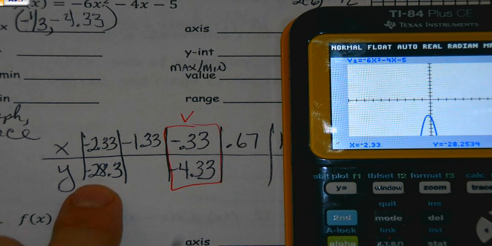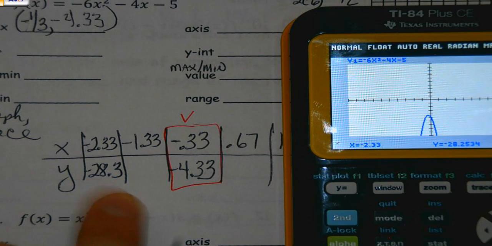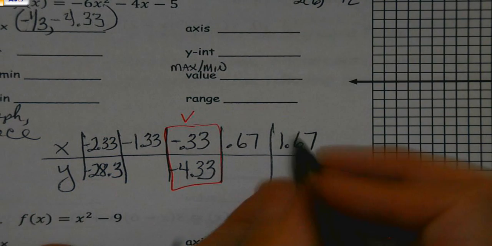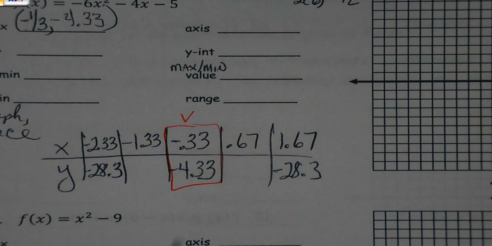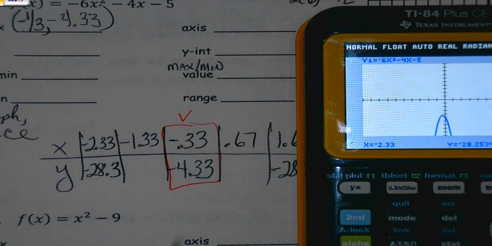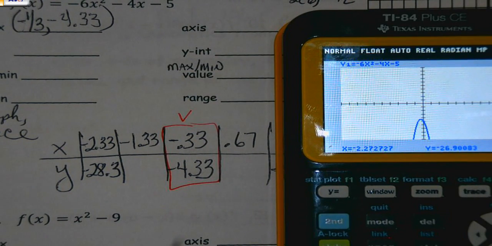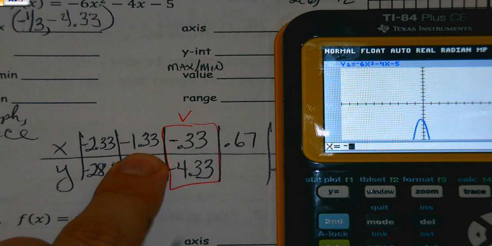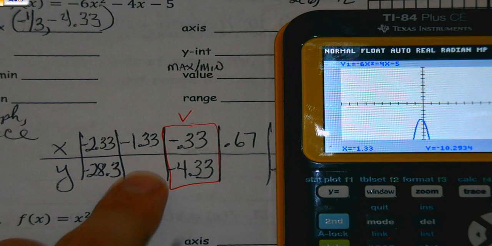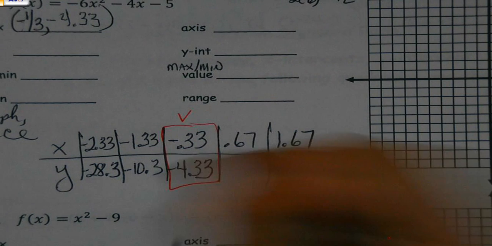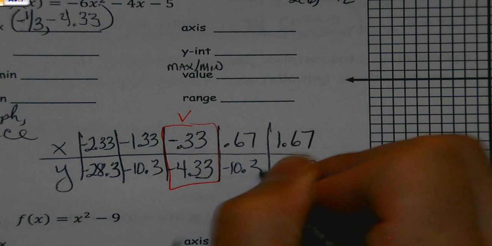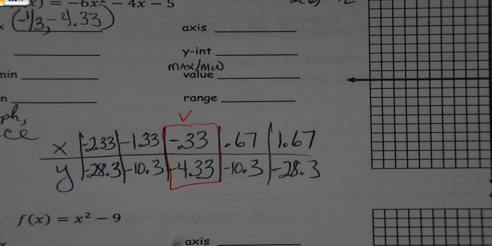Because remember, since it's 2 away, this is going to be the same thing. And then I'll do it one more time here. So negative 10.3, that'll do us okay. So I get that in there.